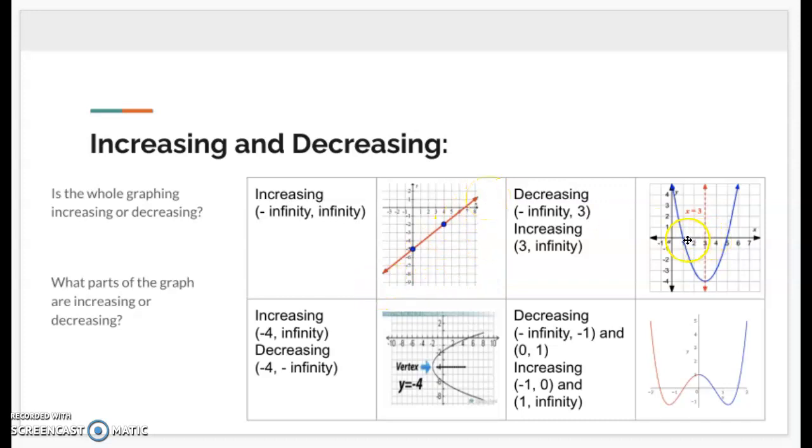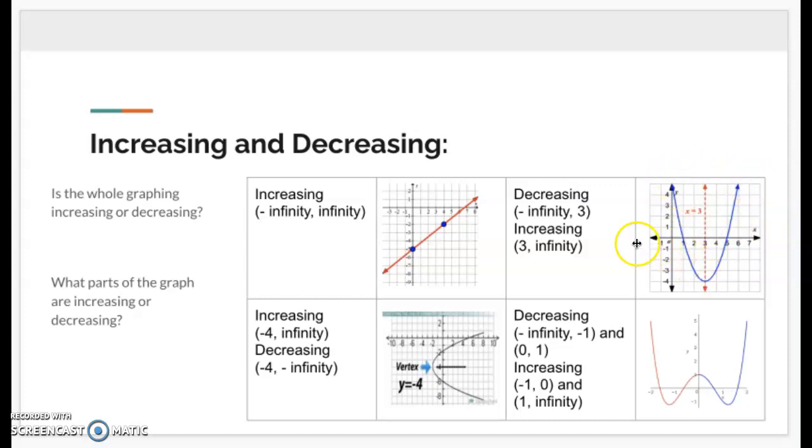If I look at this graph, I'm going from my negatives, and my negatives start way up here, right? It's going down until this point, and then it turns and starts going up over here. So from left to right, it goes down, it hits a certain point, and then it goes up. So I'm going to say that it's decreasing on this side.